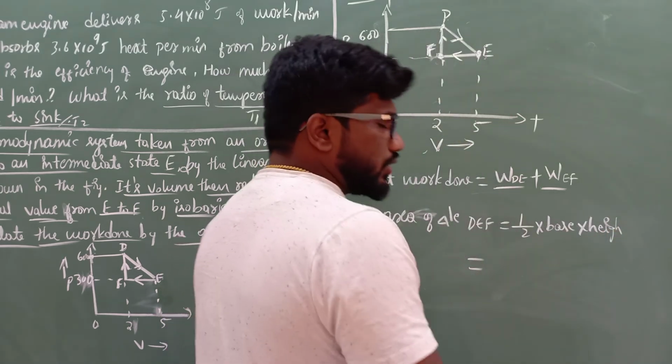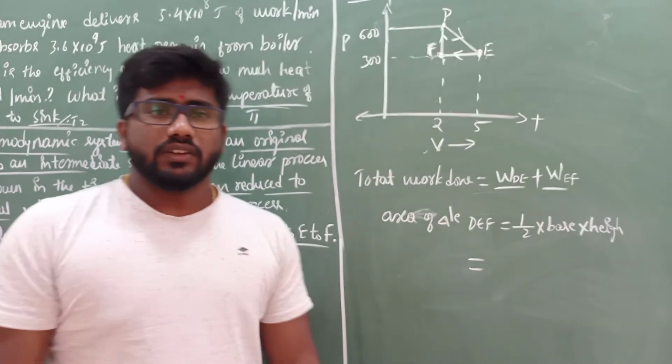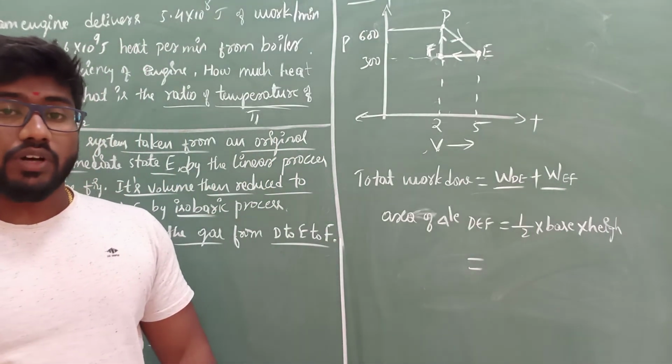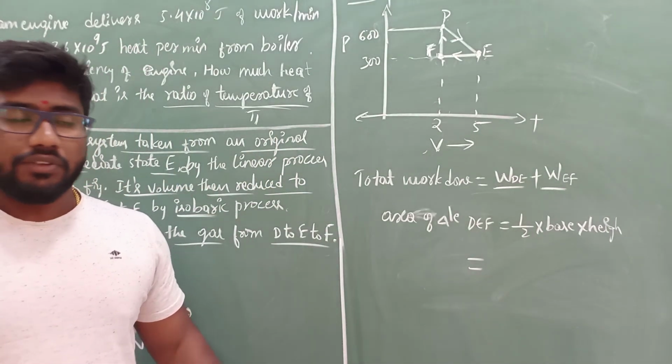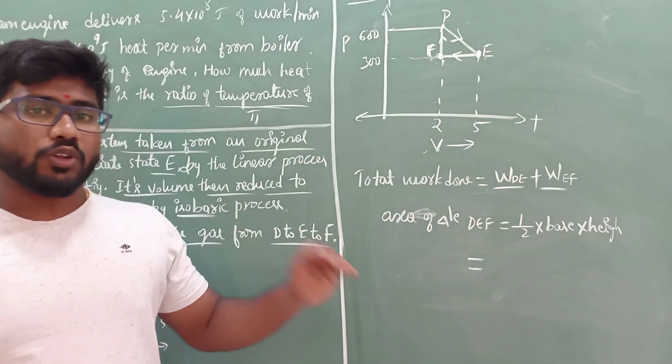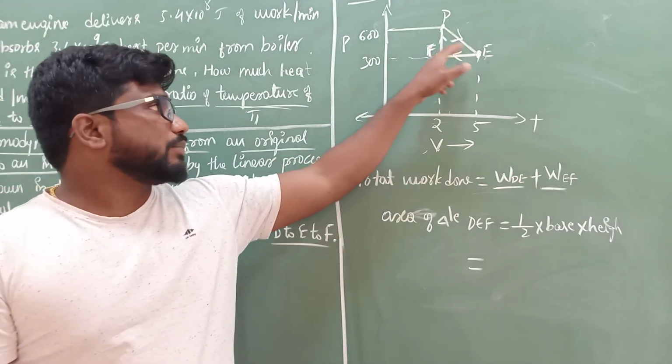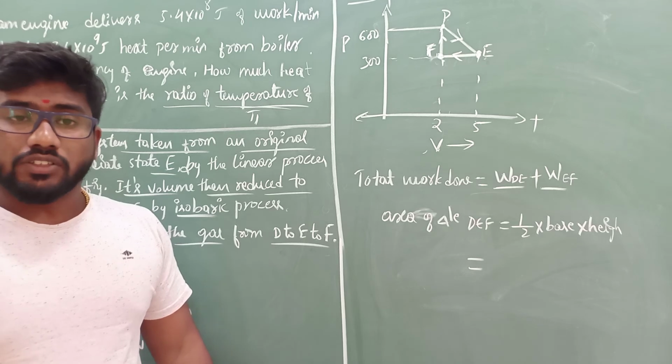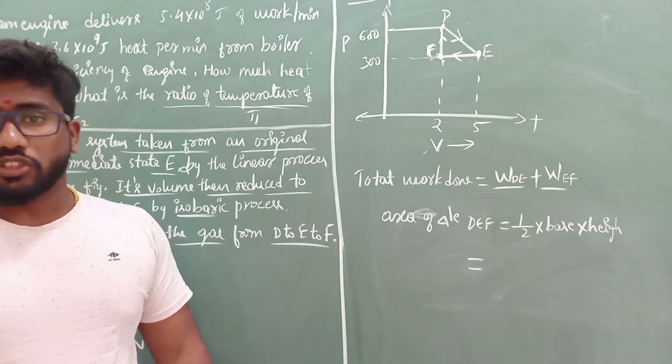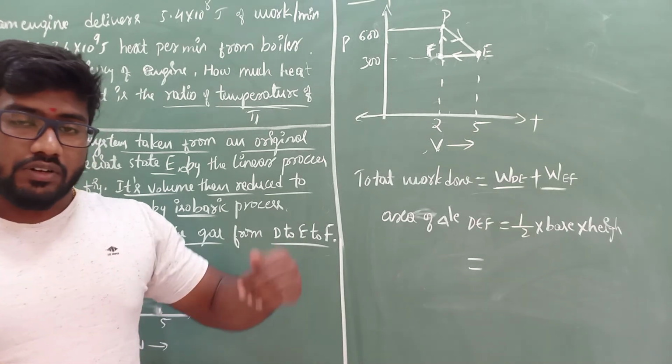And there is one more way that you can easily find the value. In a PV diagram, as I told you, if you want to find the work done, you have to find the area under that particular graph. Isothermal, adiabatic, isobaric and isochoric.